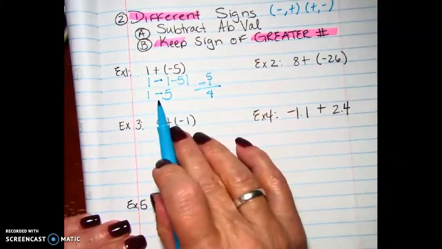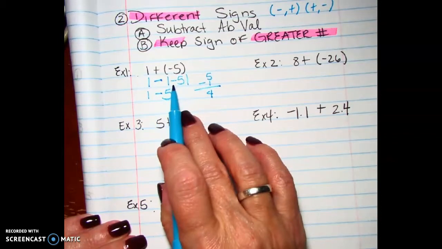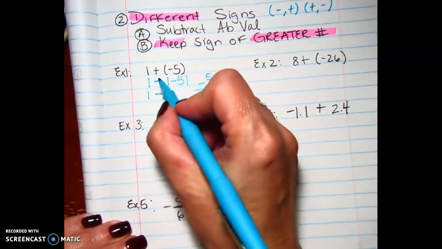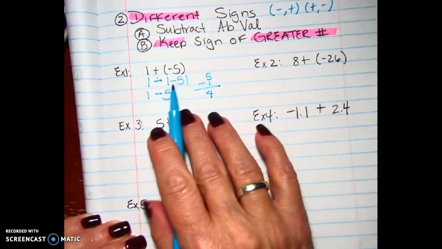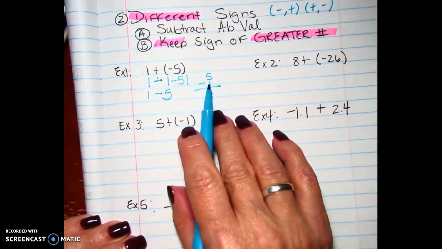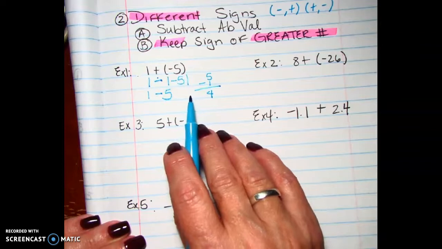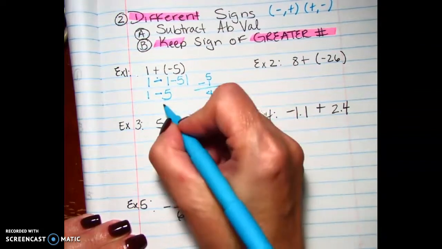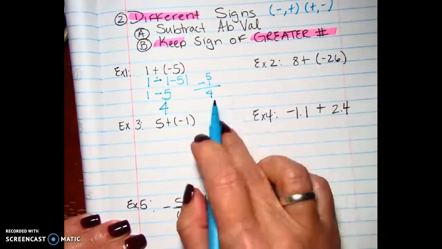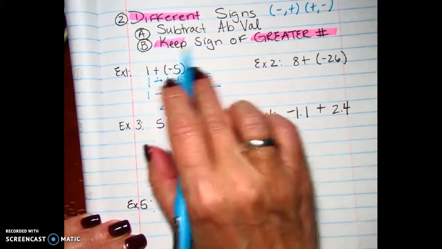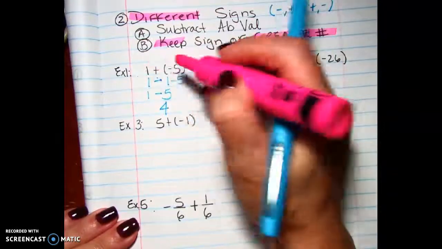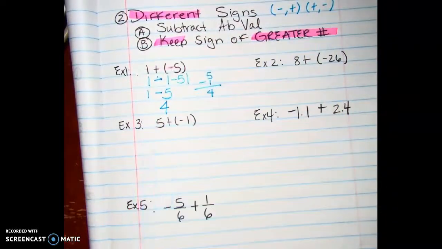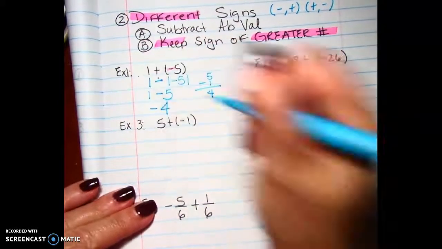The only reason why I can do that is because I'm working with negative numbers. If you were in first grade, your teacher would say you could never do that. Now you're in sixth grade, you can. So my answer is 4, but now I do B, keep the sign of the greater number. So 5 is greater than 1, and it's negative, so this has to be a negative 4.